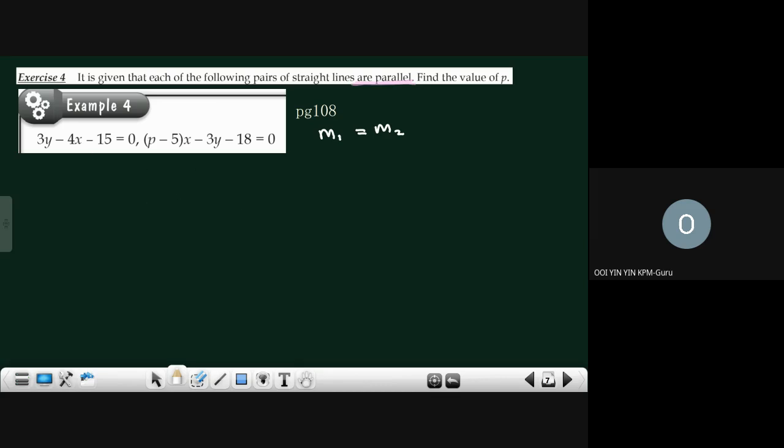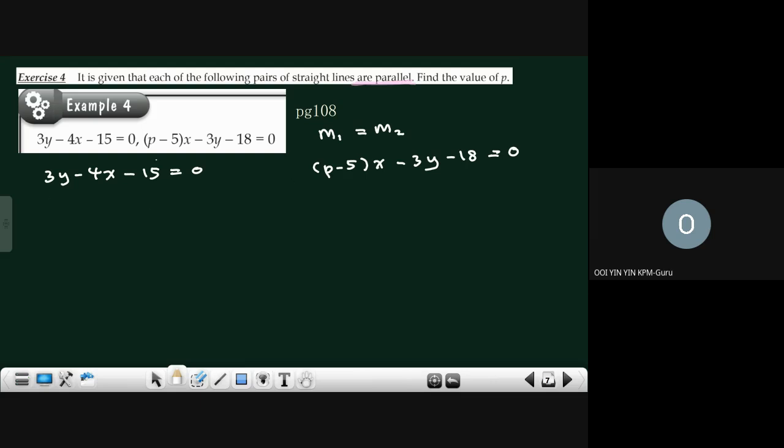Okay, so now they give you two equations. 3y minus 4x minus 15 equals 0. The other equation here is p minus 5x minus 3y minus 18 equals 0. So you know that the hint is the gradients are the same, right?